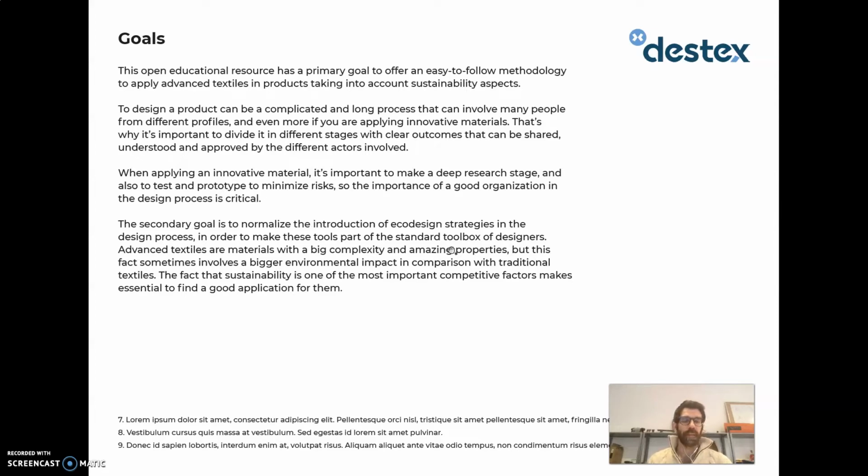We want this toolbox, these strategies, to be part of the normal criteria of the design process. Again, these kinds of materials in general involve bigger environmental impacts because of their complexity, and this makes the introduction of eco-design strategies even more important than in other cases.